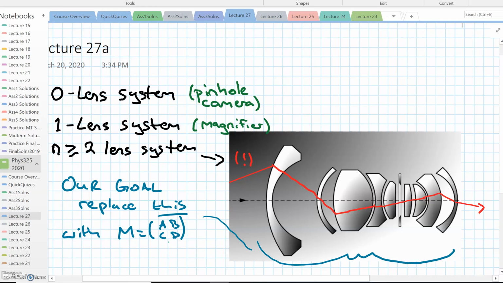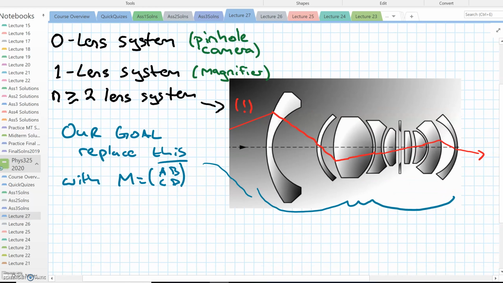We just plug in whatever ray we want coming in, and we're immediately going to be able to spit out the answer with a couple of multiplications and additions. It's a very powerful method known as matrix ray tracing. At least that's what I call it. I don't know if that's the official term, but it is now. I'm officially declaring the official term for what we're going to develop: matrix ray tracing.